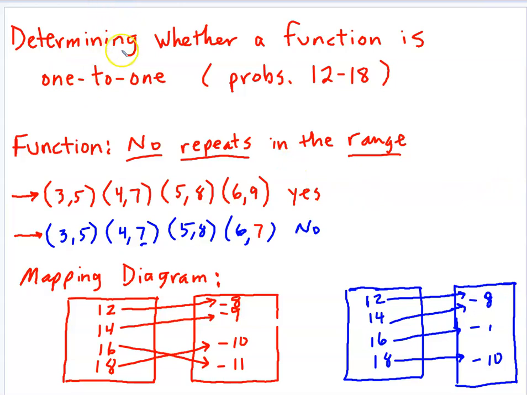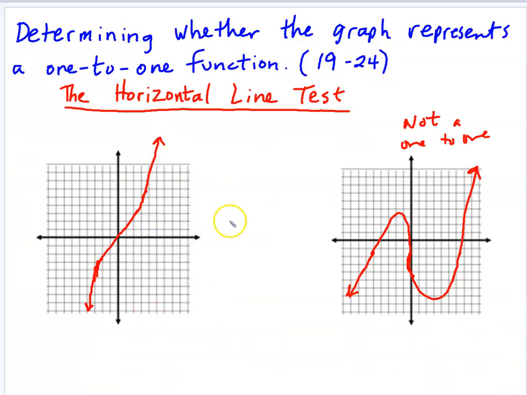Okay, so that's how you will be able to distinguish looking at ordered pairs or mapping diagrams. Here's how you can tell looking at graphs. We perform something called the horizontal line test. And the horizontal line test will show us, for example, if I do a horizontal line on this left graph, I only touch one point.